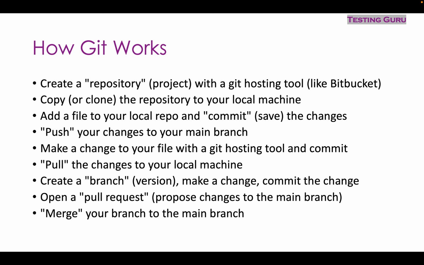Initially, you have to create a repository for your project with a Git hosting tool like Bitbucket, GitHub or GitLab, which we saw in last week's video, what Bitbucket, GitLab and GitHub actually are. Then we take the code from the global or cloud repository to your local repository.